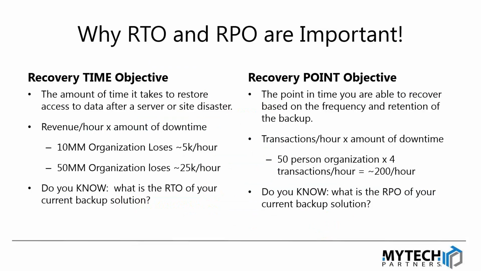In a $10 million organization, for instance, if you divide that by the number of hours in a business day annually, that's around $5,000 an hour, and that's just hard cost. There are probably other soft costs, reputation costs, and obviously that scales up as the organization gets larger.